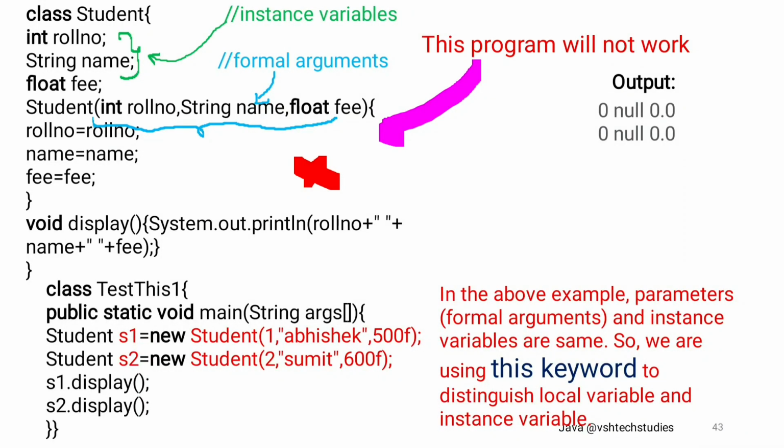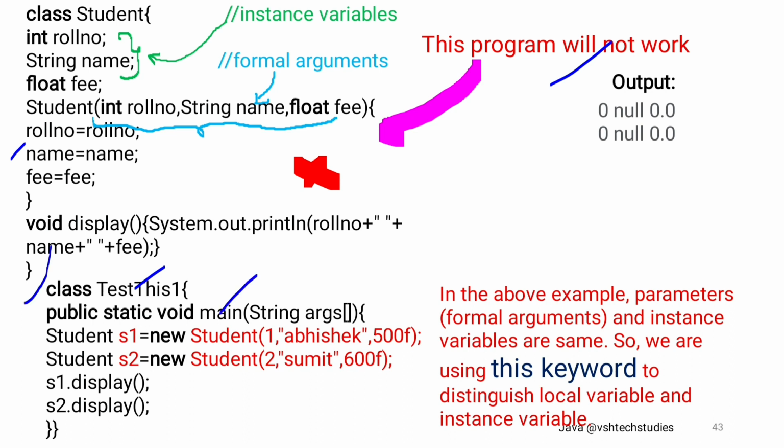Here is a Java program which will not work because this reference variable is not used. In which kind of situation this reference variable is required, we can understand from this program. The name of the program is TestThis. This is the main function.